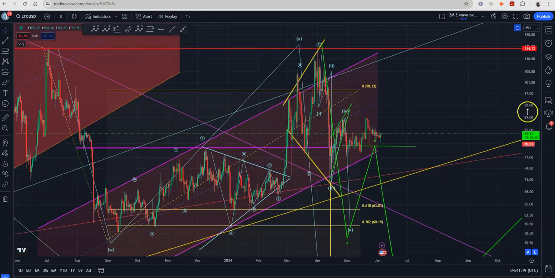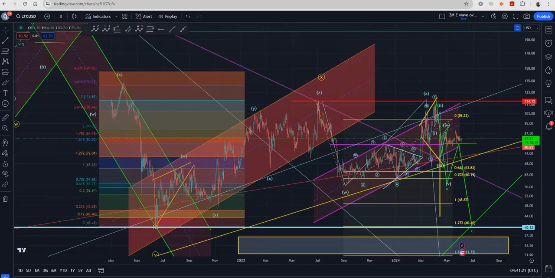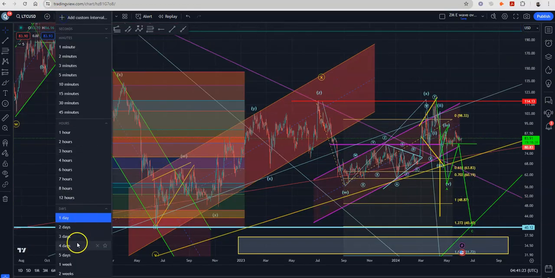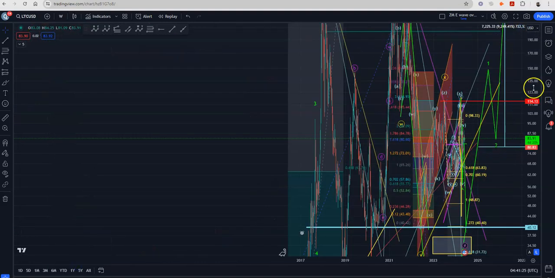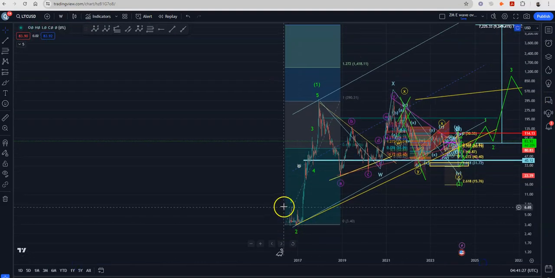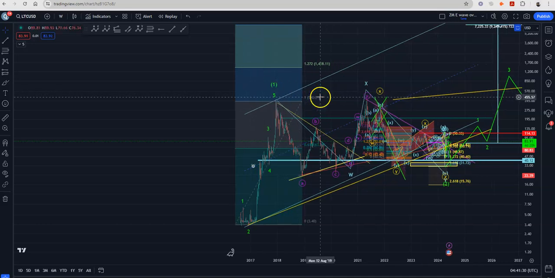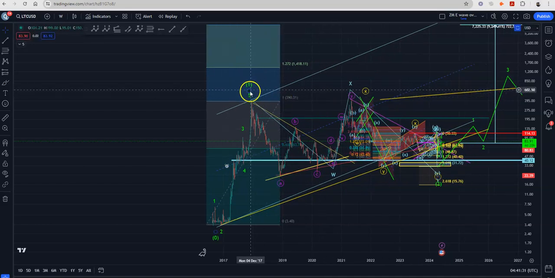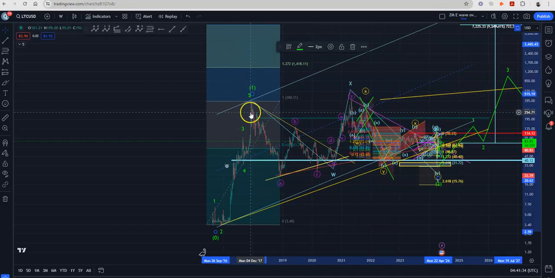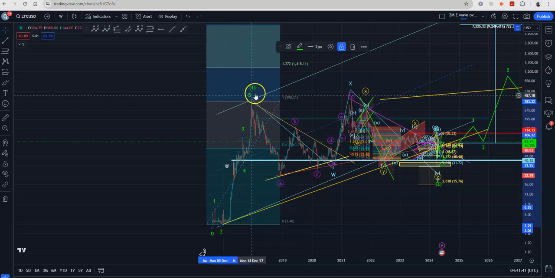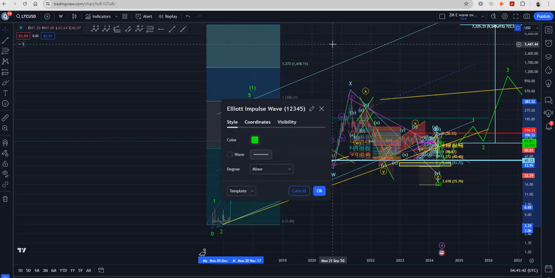Right now, well, let's do the overview count first, like we always do. A simple 1, 2, 3, 4, 5 for intermediate wave. Intermediate wave 1. And this is, of course, the minor count, as you can see here.